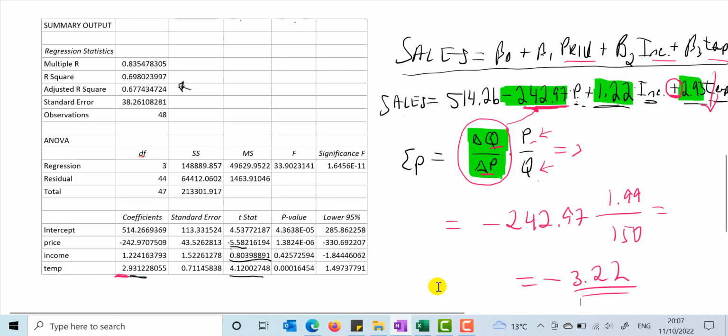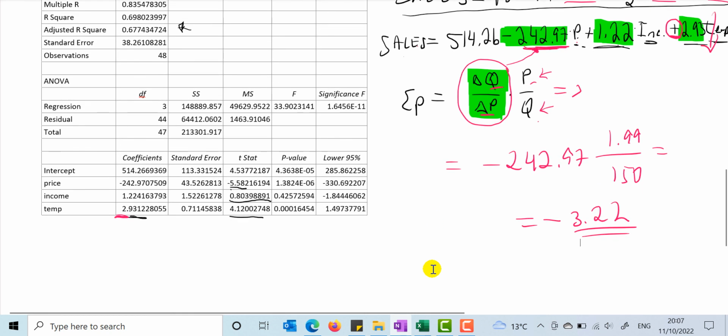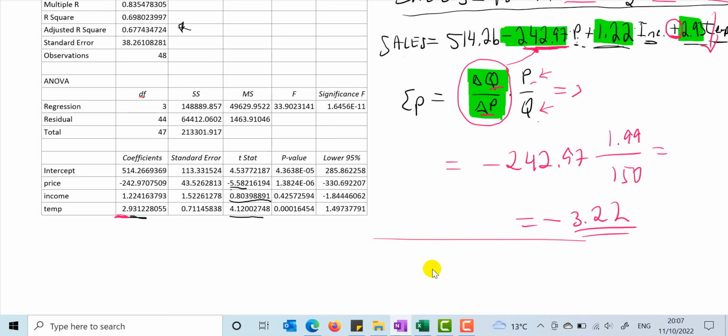For the remaining 2-3 minutes, I'm going to look at the income elasticity of demand. Let me write this down. Income elasticity is change in quantity demanded over change in income times income over quantity.